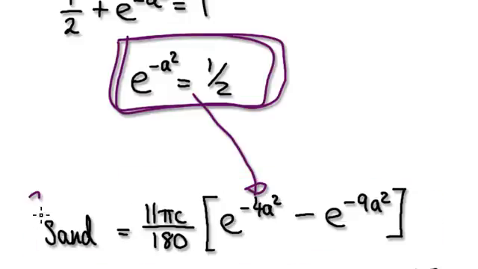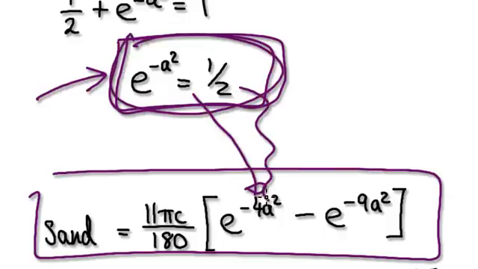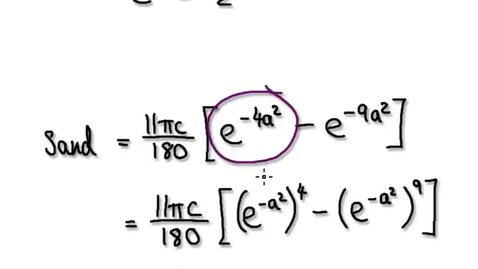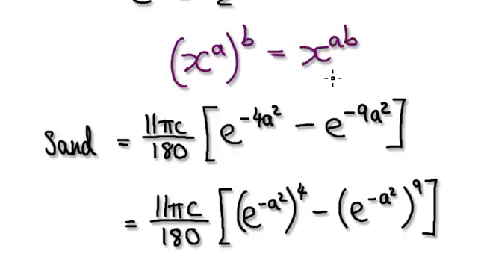Okay, so earlier we got to this stage here. Now by looking at the initial condition, it gave us this. So we can now put this into here and into here, and it will tidy itself up. So looking at this, I'll visualize this as this. Because remember from indices, x to the power of a and then to the power of b equals x to the power of ab.